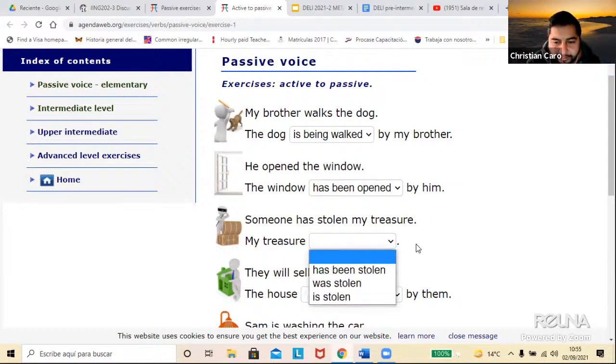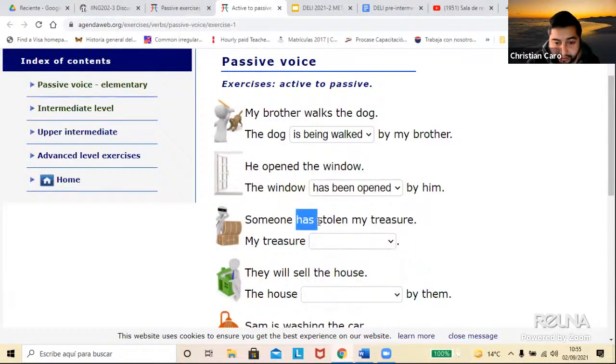Someone has stolen my treasure. My treasure has been stolen, my treasure was stolen, my treasure is stolen. So pay attention here. Has stolen is, in this case, conjugated in the present perfect tense.